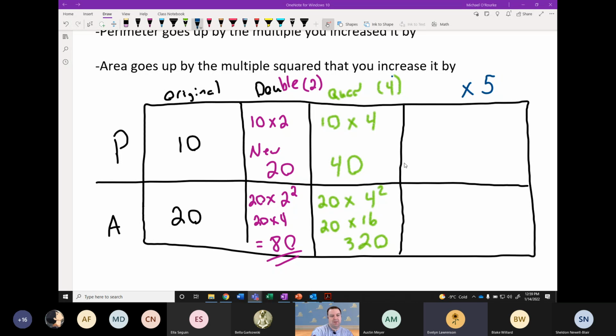Oh, sorry. Okay, you're working from 40? We'll work from this one. Work from the original. Sorry, Nathan. So start from the original. So we're multiplying it 5 times this number.